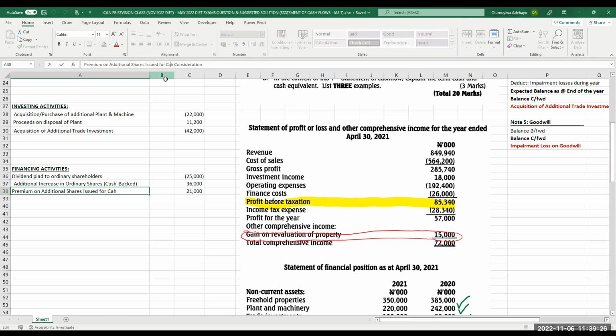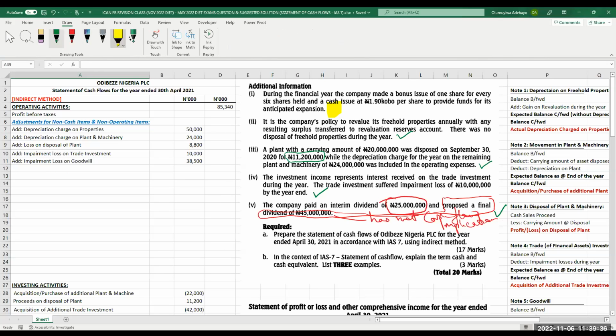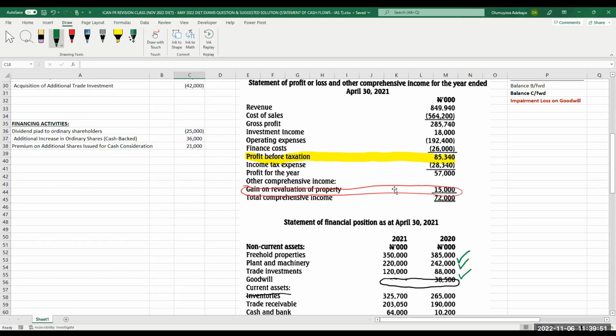Now we've dealt with all additional information, which means we are close to home. Now, when you finish dealing with all additional information, what then do you need to do?